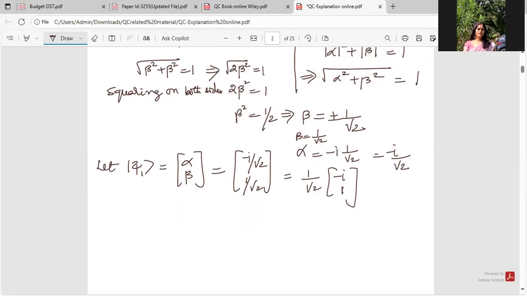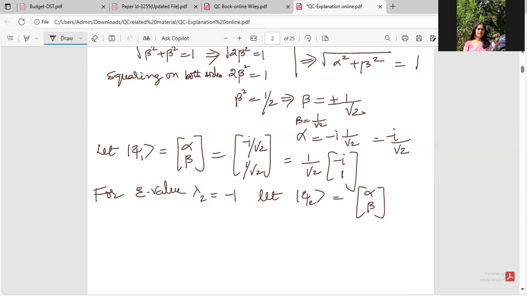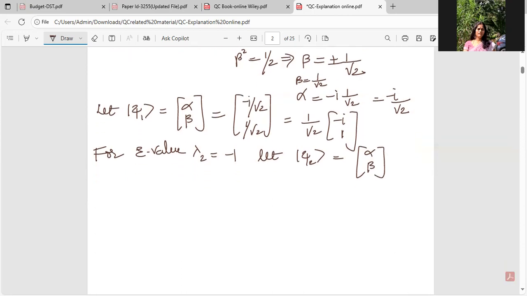For the next eigenvalue, lambda 2 is equal to minus 1, let ket xi 2 be the eigenvector. Of course, again, I'm taking it in the form of alpha, beta. Of course, you can go with the suffixes alpha 1 and beta 1 for ket xi 1 and alpha 2 and beta 2 for ket xi 2.